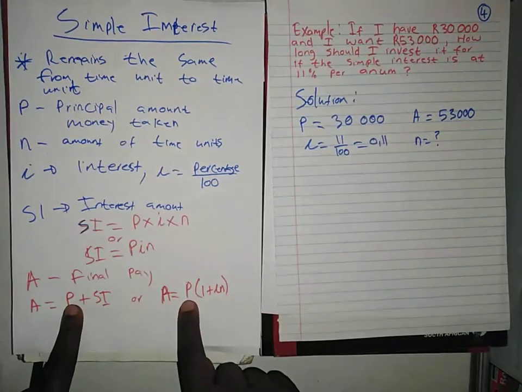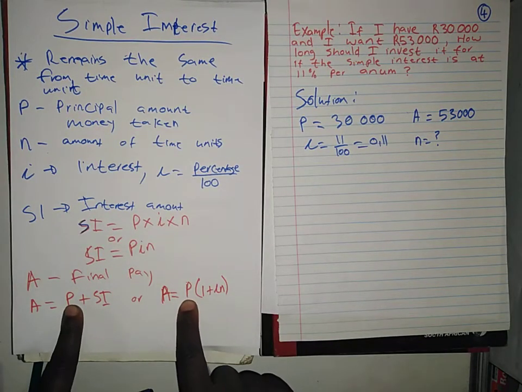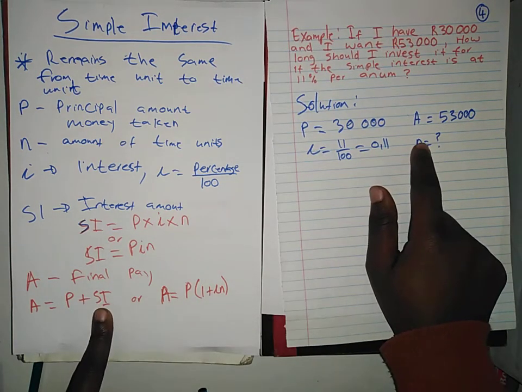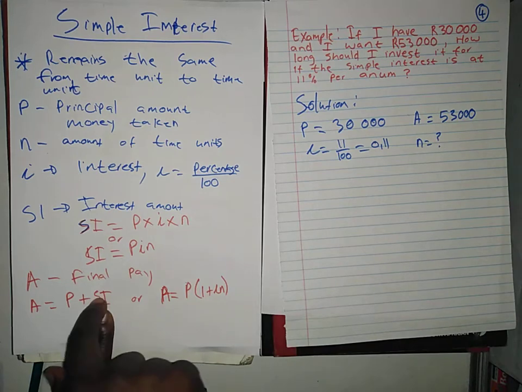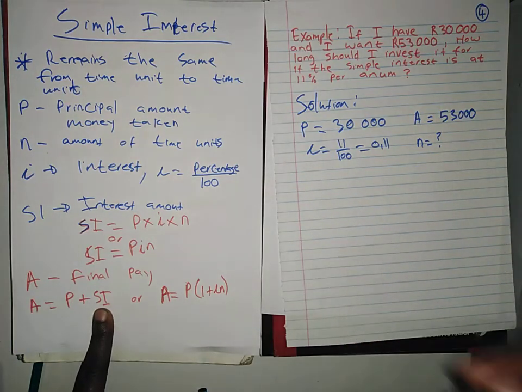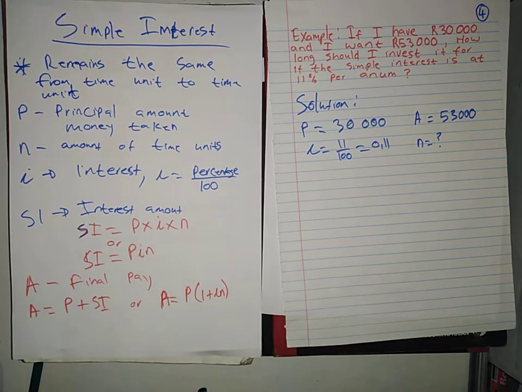Both of them have P, so you can actually use both of them. But there's SI here. We do not have SI, so we cannot use this formula directly. But we can actually use some things there and calculate SI.